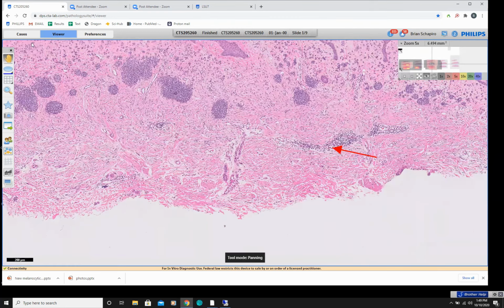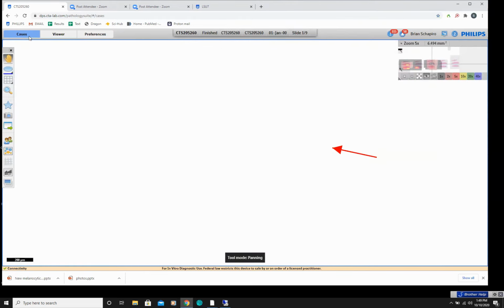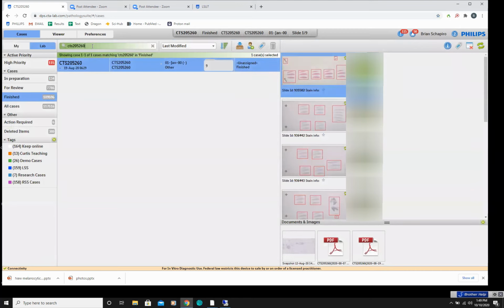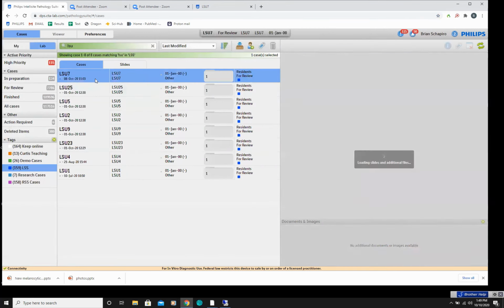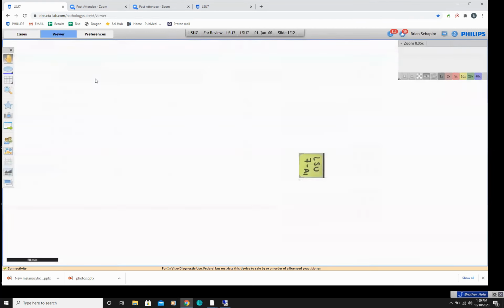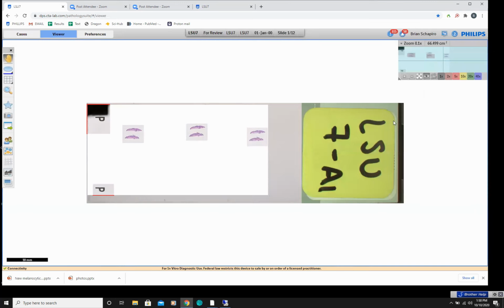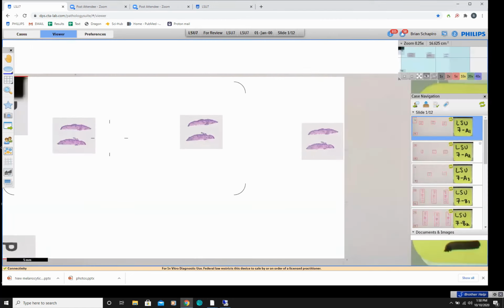So the last case I wanted to show you was another issue in inflammatory, where a few weeks ago we had an interesting case. This was a case that came in on the back, and it was actinic, rule out squamous cell carcinoma. It was an adult patient, and it was a shave biopsy.